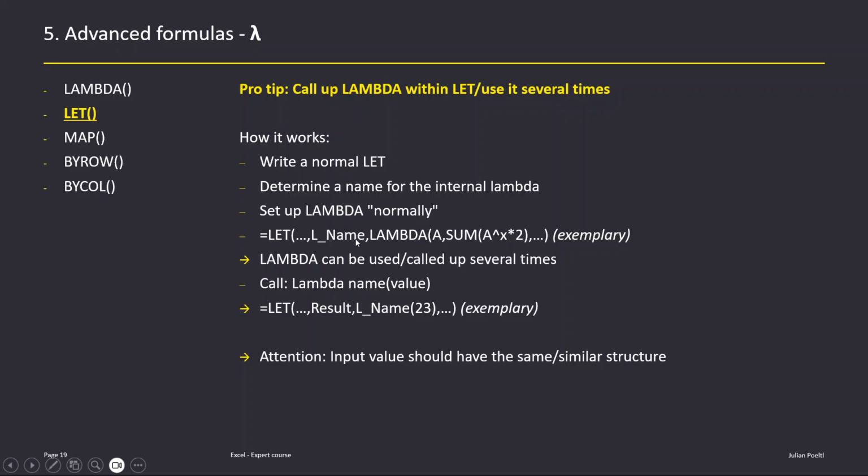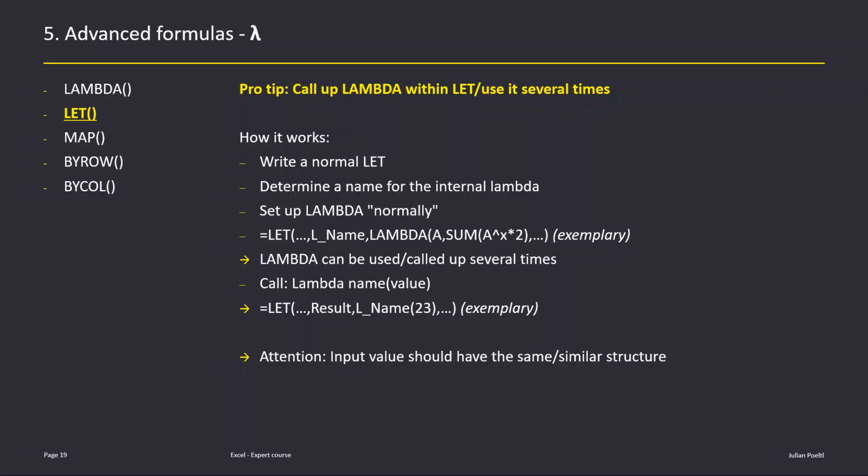Here, for example, this is your name for your internal lambda, then you have this lambda a, and here you do something, it's only exemplary. And if you want to call this lambda inside your LET function, you write the lambda name and then hand the values to the lambda. This could also be more than one value.